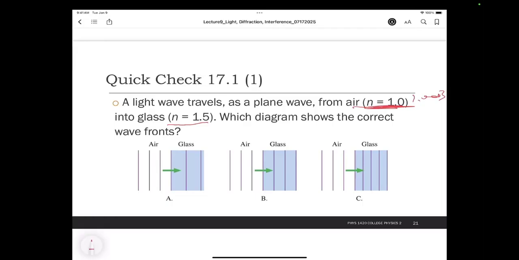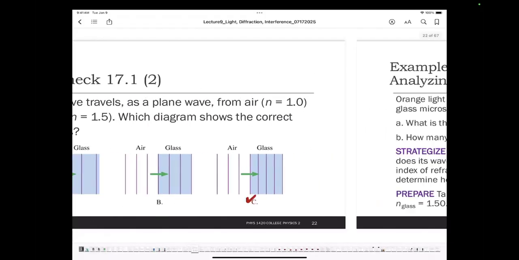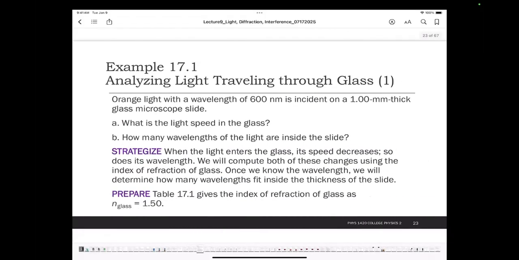When the light wave travels from air to glass, the wavelength should be shorter than before. This one is larger, this one is the same, and this one is shorter. So what should we choose? This one, C.